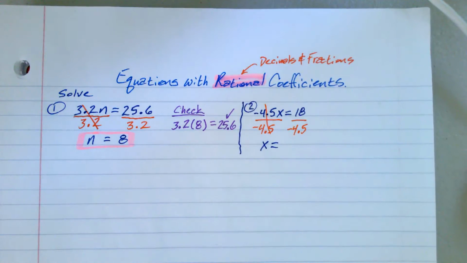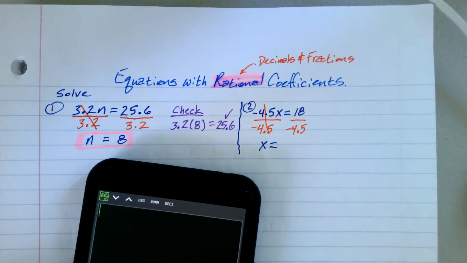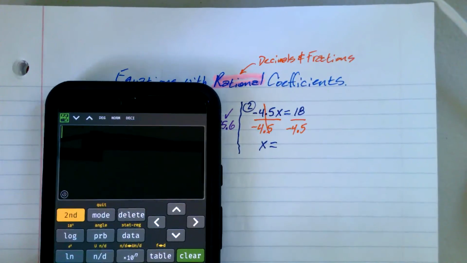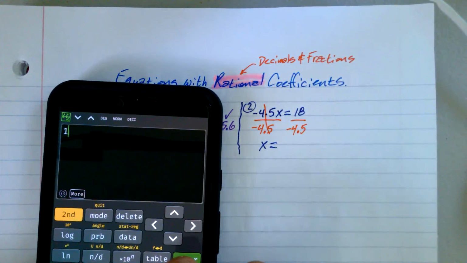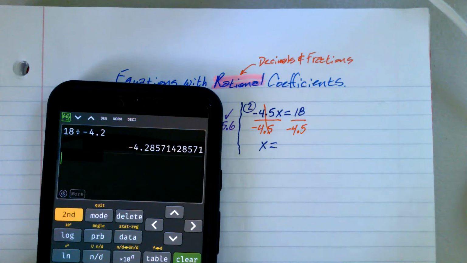So now, on my handy dandy calculator, we'll let it do the heavy lifting. We're going to do 18 divided by negative 4.5. Oh, let me try that again. 18 divided by negative 4.5.